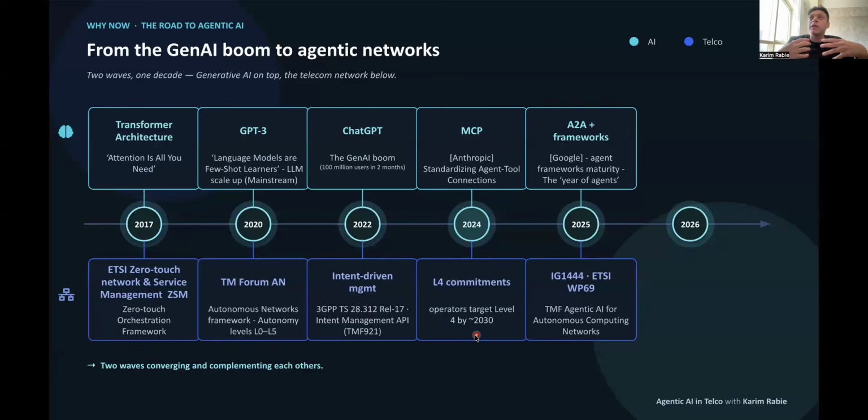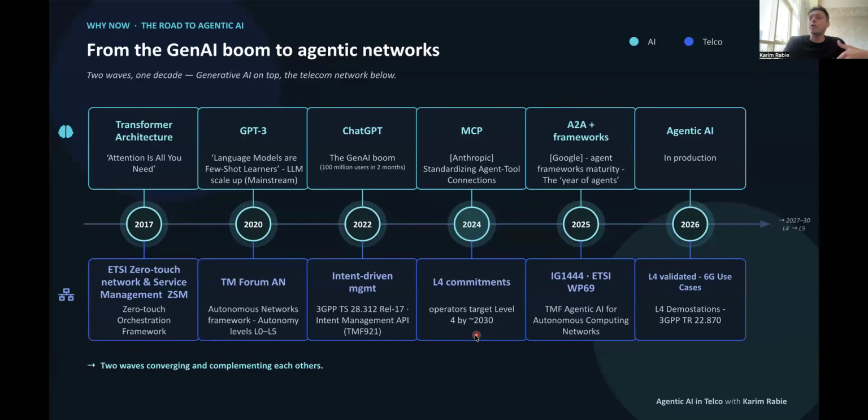So it's as if the telco domain is embracing the Agentic-AI era. 2026, where are we now? We've started to see more and more Agentic-AI in production, especially in enterprises.